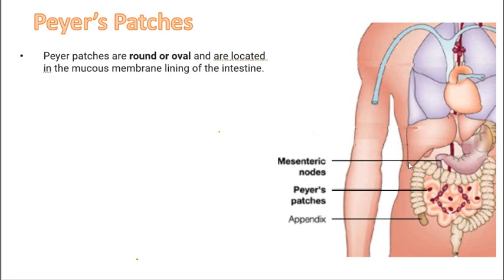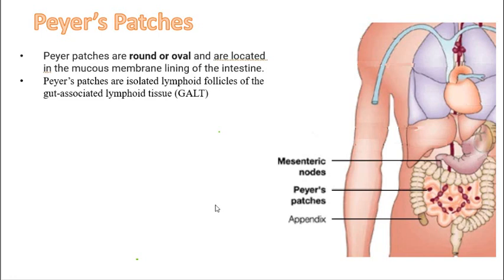Peyer's patches. Peyer's patches are basically round or oval, and they're located around the mucosal membrane of the intestine. If you look at those, those are all Peyer's patches around the small intestine, and you're going to find them all throughout.